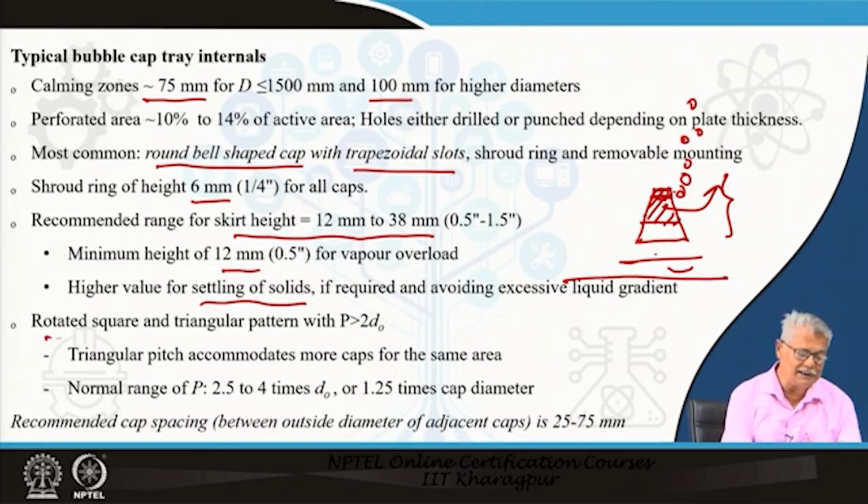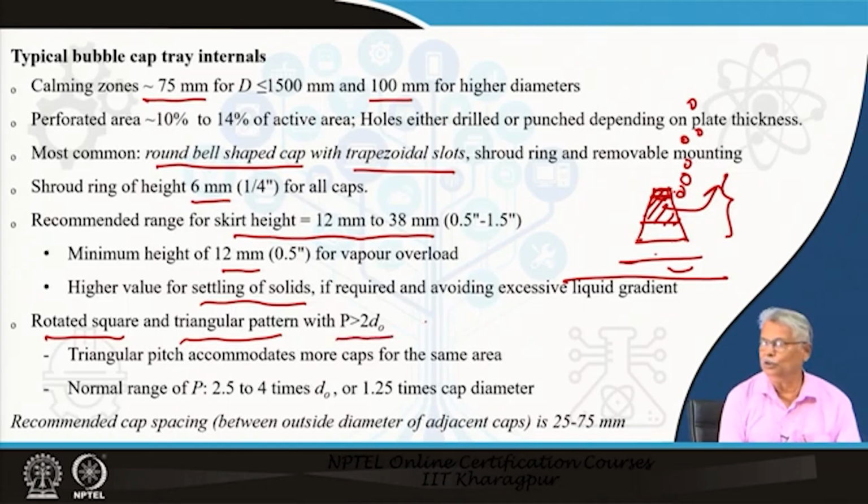You can go for a rotated square pitch or a triangular pattern with P greater than 2 times DO. DO is basically your punched area. We already have seen that you can accommodate more bubble caps if you use triangular pitch for the same area, and normally the P is 2.5 to 4 times the hole diameter, or it is 1.5 times the cap diameter.